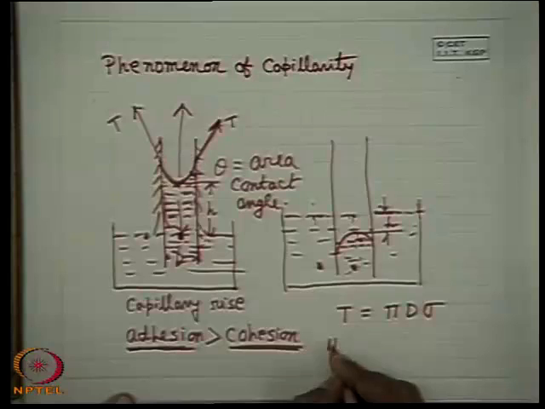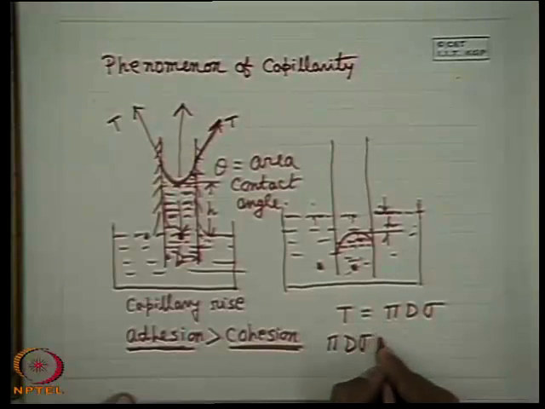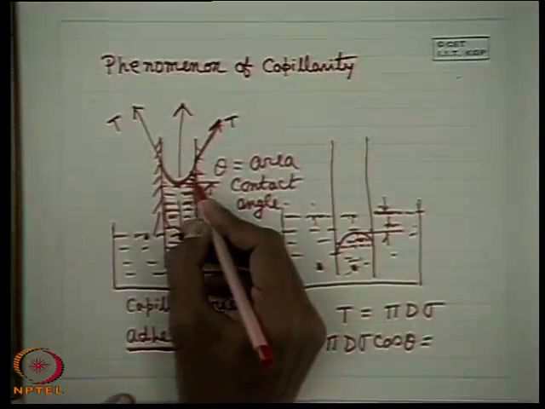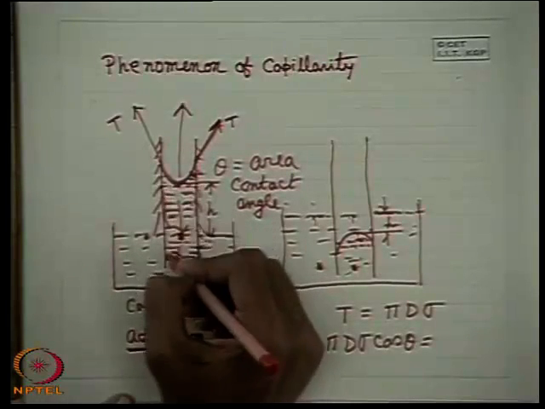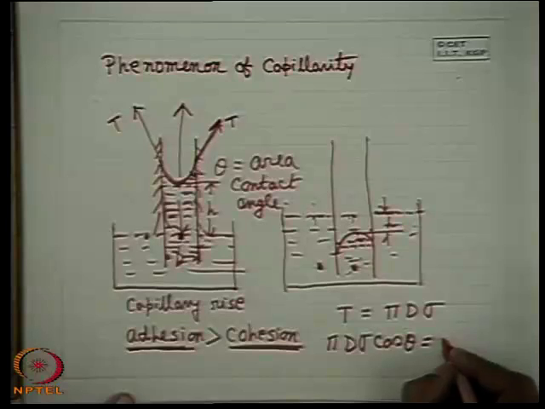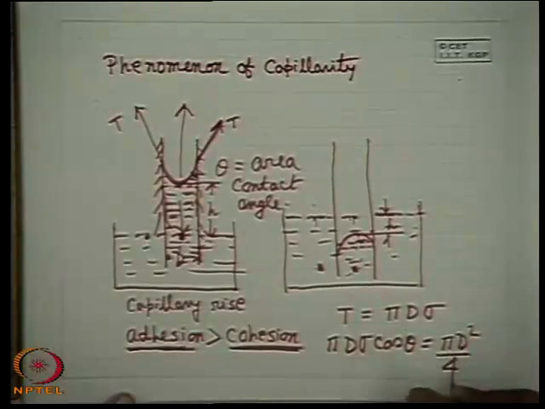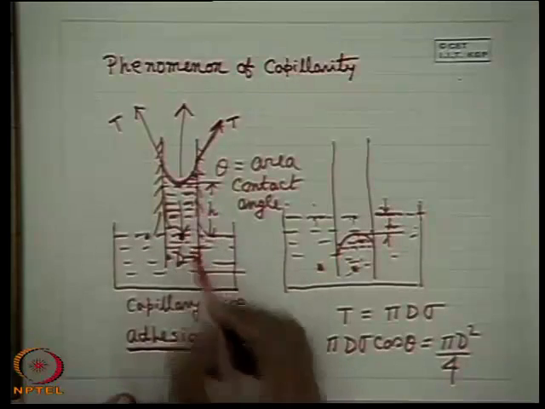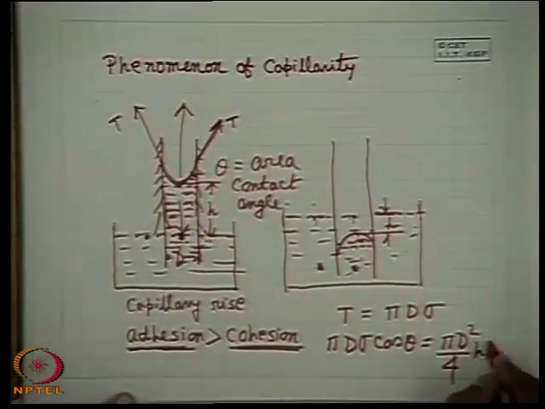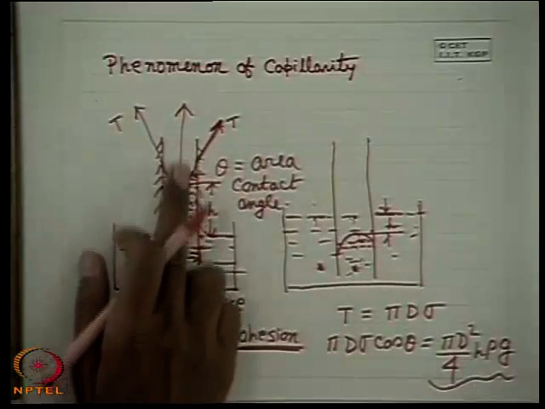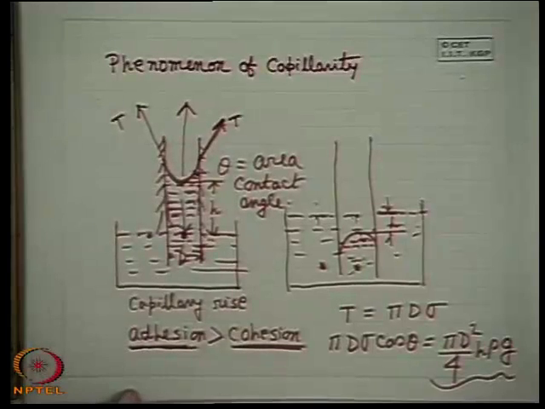So therefore pi D sigma cos theta must balance the weight. If we neglect this portion, and only take this cylindrical portion of the liquid weight, this will be pi d square by 4, that is the area, times the height h into rho, the volume into g. So this is the weight of this column of liquid. This is being balanced by the vertical component of the surface tension force.